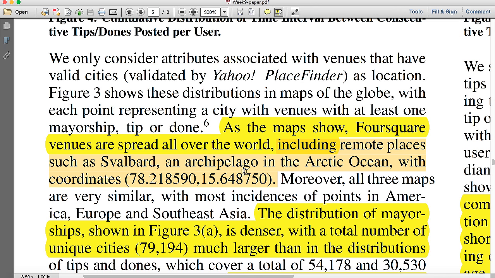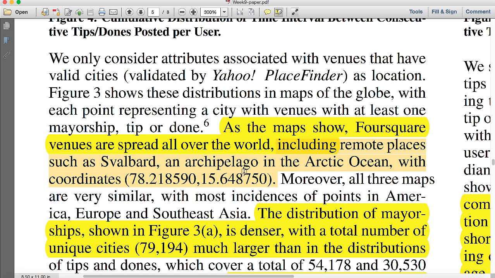So essentially, until now we only saw per city what is happening. Now when you look at it on the map, figure 3 actually shows the results. As the map shows, Foursquare venues are spread all over the world, including remote places such as Svalbard Archipelago in the Arctic Ocean.